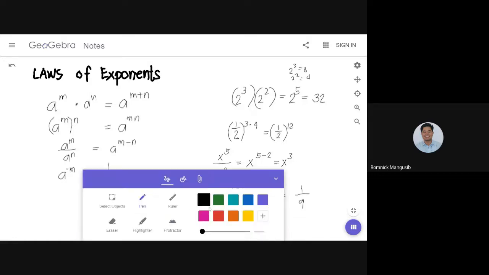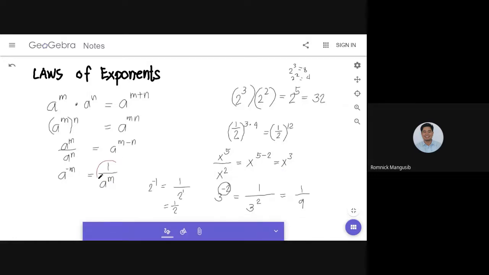Meaning to say, class, if you are coming from this form and you rewrite it in this form, then this must be done. So for example, you're going to rewrite 1 over 9 such that the base is 9 or the base is 3. Remember that this 9 is just raised to 1, that's why it is 9. So get that 9, turn that as a base, and that exponent 1, turn that into negative 1. So 1 over 9 is equal to 9 raised to negative 1.